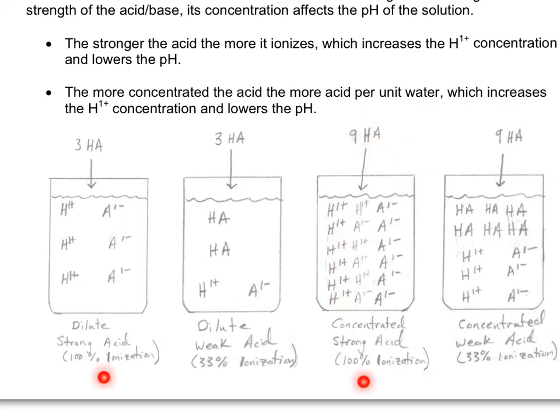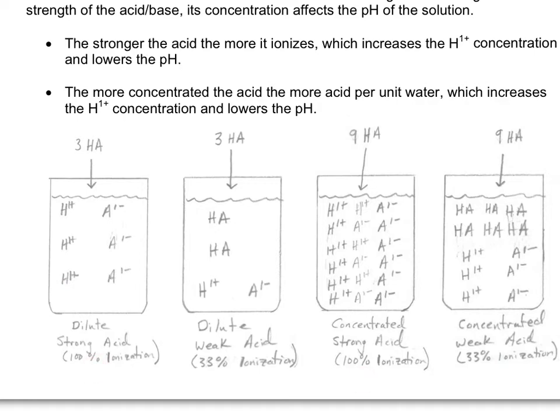Both beakers have 100% ionization and they're both strong. But because I'm throwing in 9 acid molecules here, I'm going to have more H+ in this container. This gives beaker 3 a lower pH than beaker 1, even though they have the same strength.